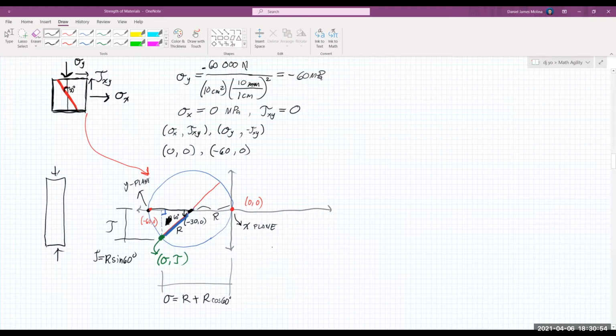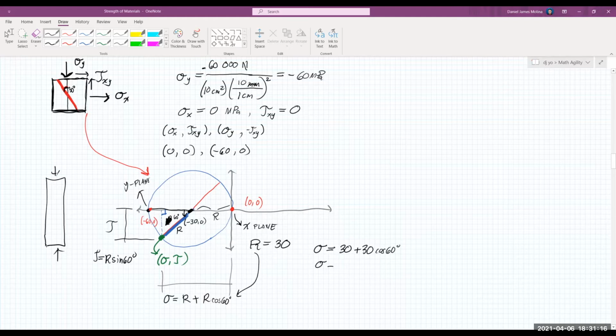So we can solve for the radius that is actually from 0, 0 to negative 30, 0, or that is 30 units. Okay. So from there, we can substitute that to the two equations. So the normal stress is equal to what? 30 plus 30 cosine 60 degrees.